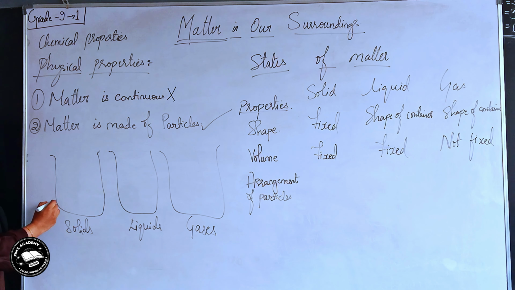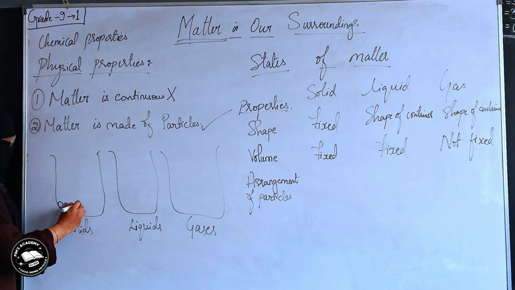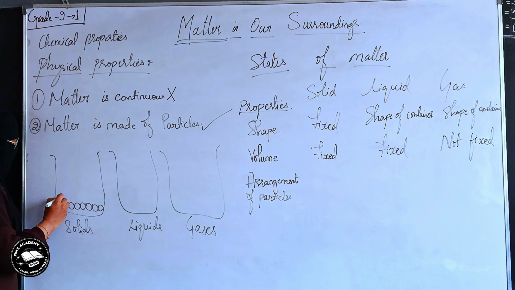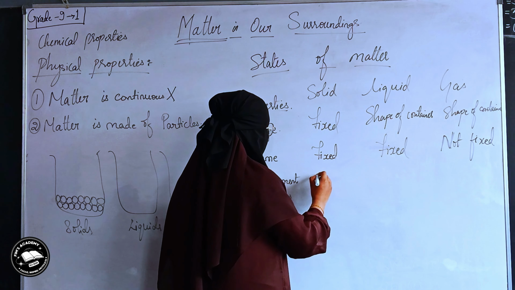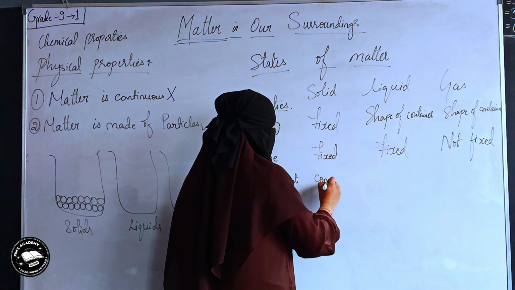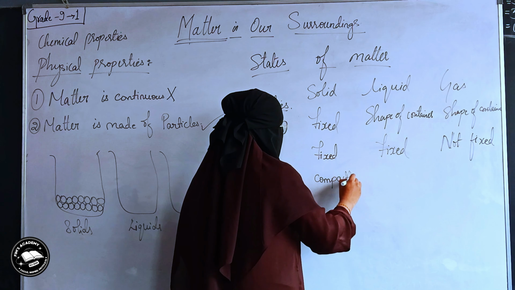The solids basically have particles like these, wherein they are very close to each other. So we can say that the particles of matter are compactly packed. The arrangement of particles in the case of solids will be very compactly packed.